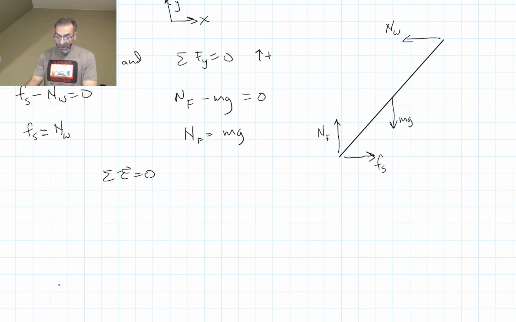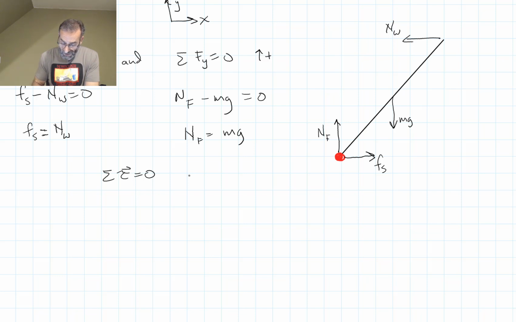So I'm going to pick the one that has the most unknowns. The base of the ladder has the normal force from the floor passing through it and the friction force. So if I pick that as my axis of rotation, both of them will have a zero lever arm. They are both producing zero torque about that axis of rotation.